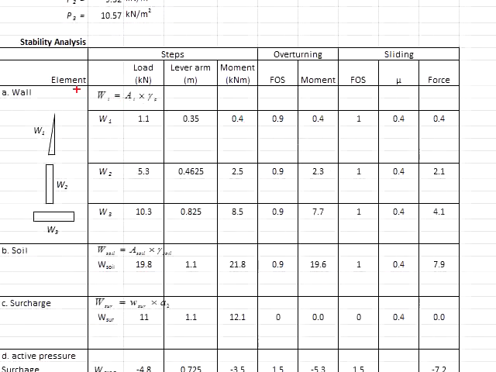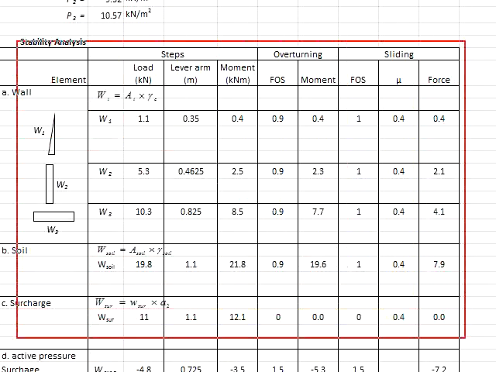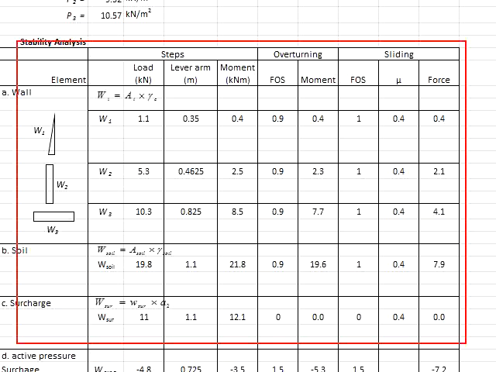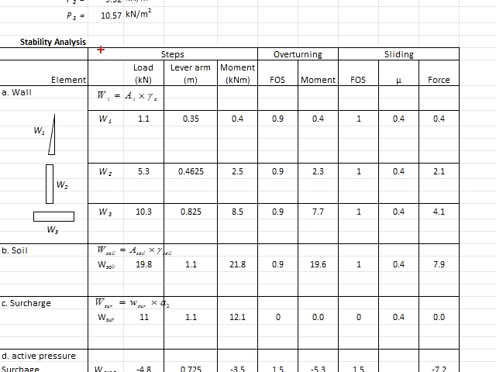You may use a table to help you with the computations to check for the stability in terms of the overturning and sliding. Before that, you need to compute some moments and loads acting on the retaining wall. First, you determine the load acting on the retaining wall.